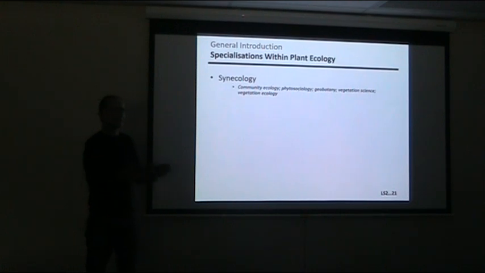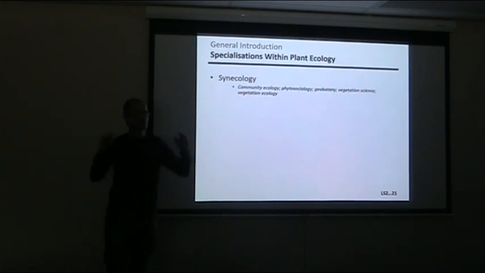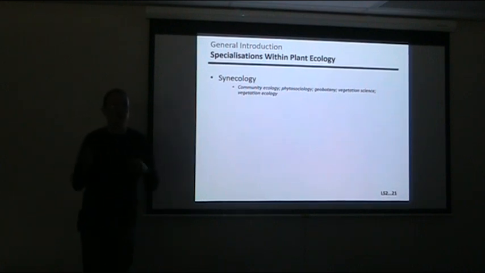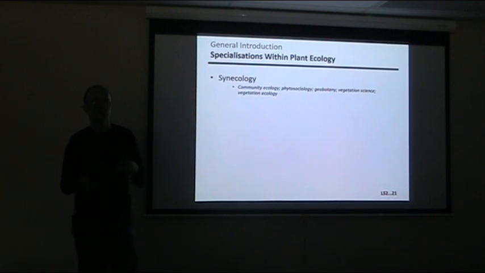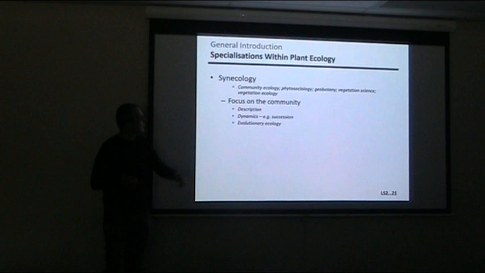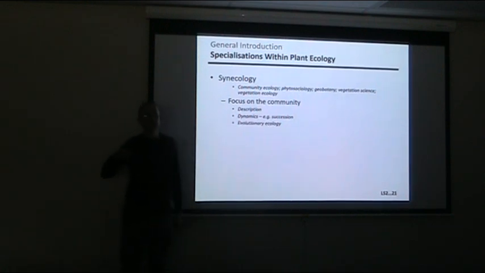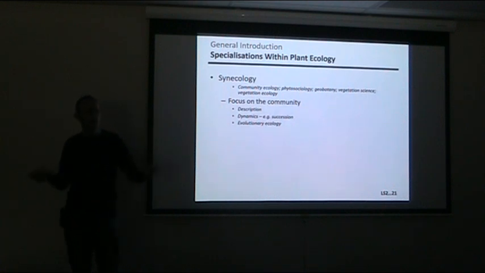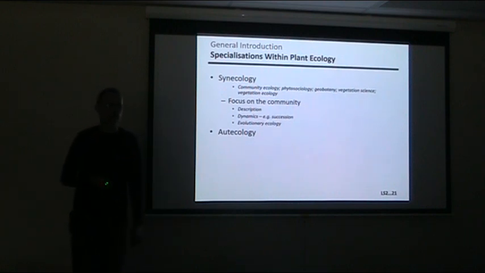So both Gleason and Clements, in the way that they viewed communities and how species were, were focusing on the community level, and so they were ecologists. And that will include things like dynamics, succession, and response to environment, which also applies at the autecology level.